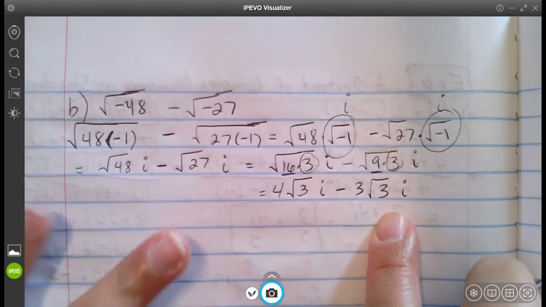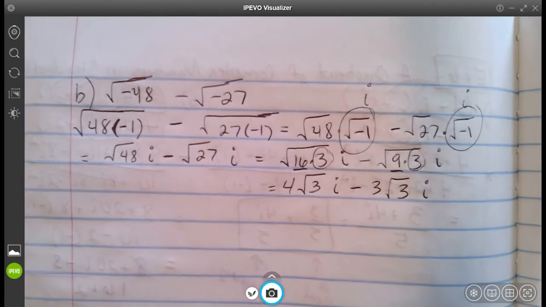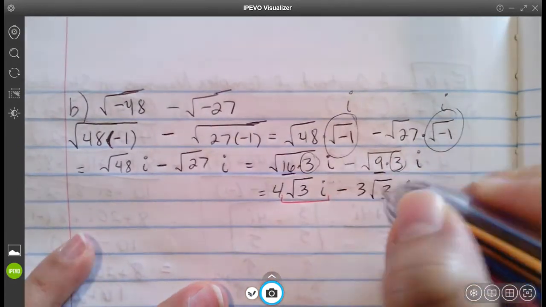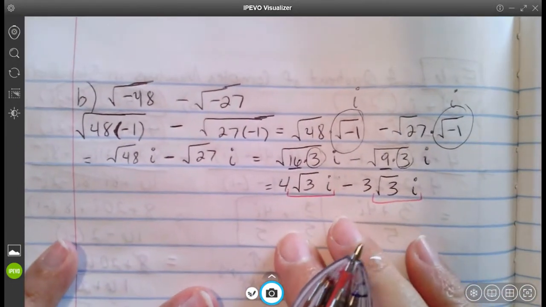And then from here, we can see that both of these have in common the square root of 3i. They both have this in common. So you can factor that out, so to speak.